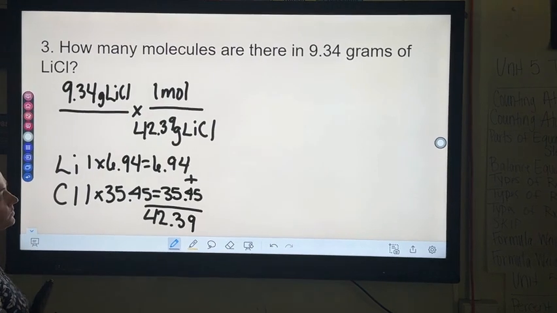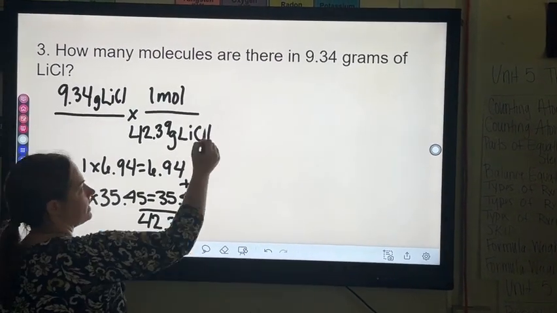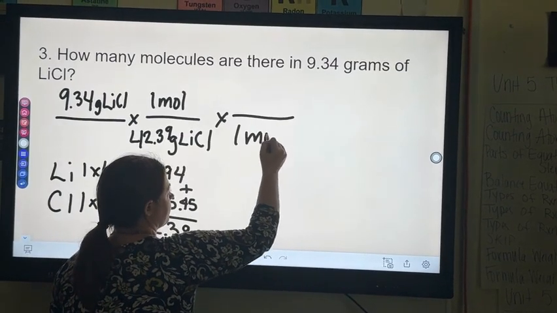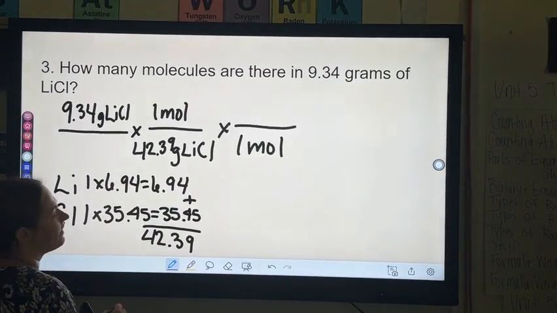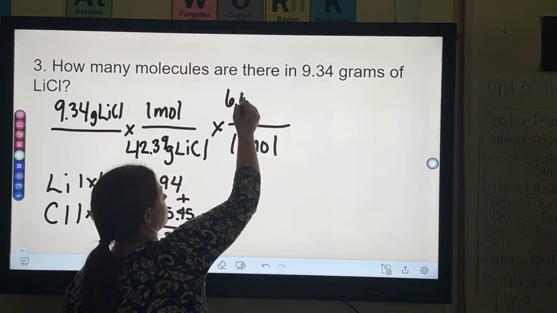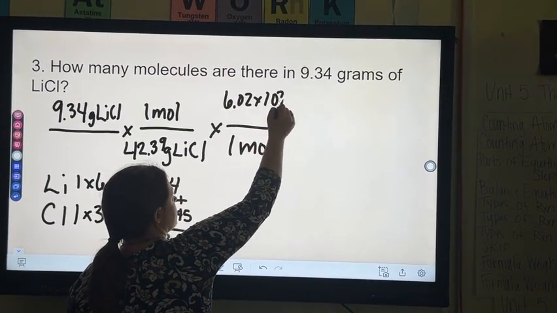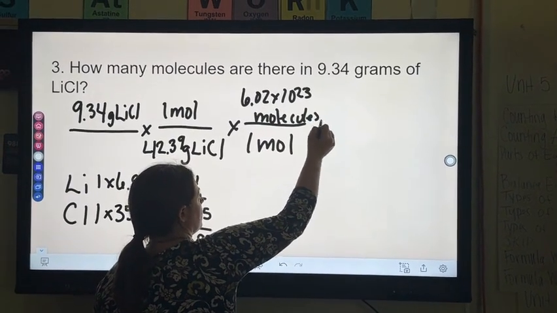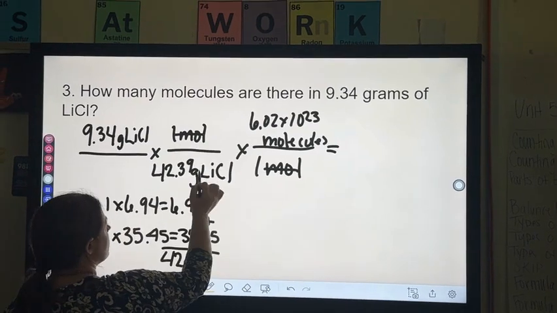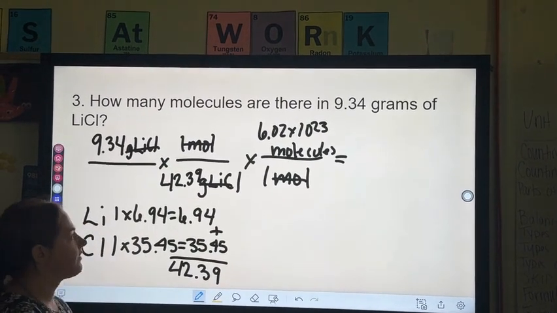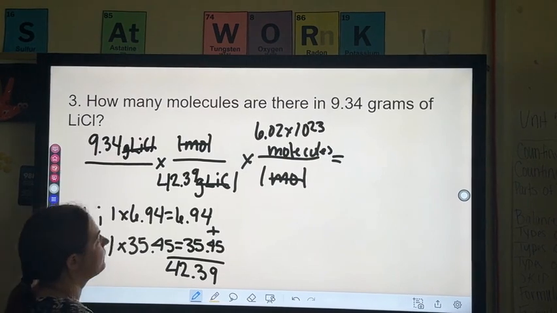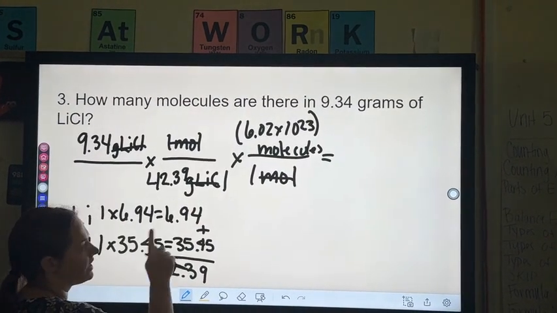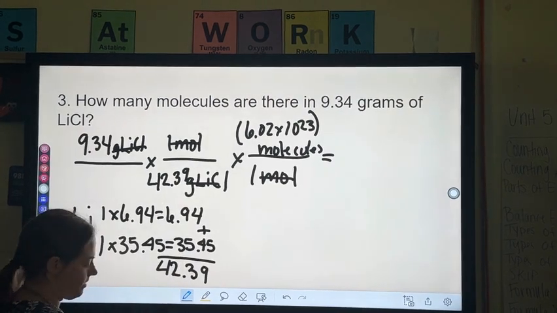Now, if we wanted moles, we would stop there, but we want molecules, so we take it one step further. If I have moles at the top, I need moles at the bottom. So 1 mole is equal to Avogadro's number, so 6.02 times 10 to the 23rd molecules. Our moles cancel out, our grams cancel out, and then we're left with the math. 9.34 times 1 times Avogadro's number. You're going to hit enter and divide by the bottom number.